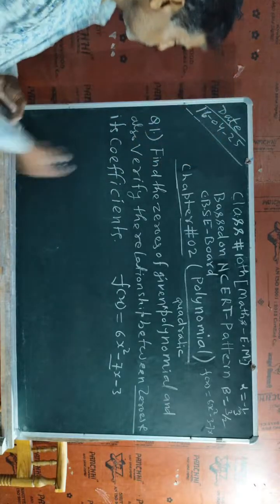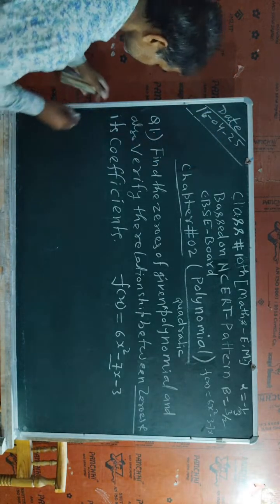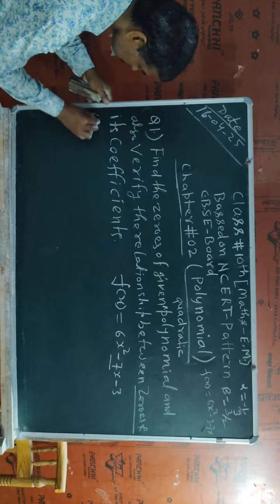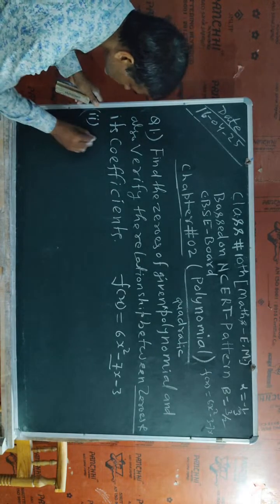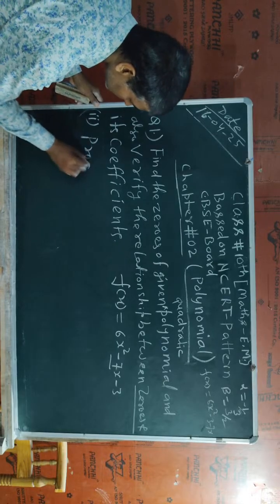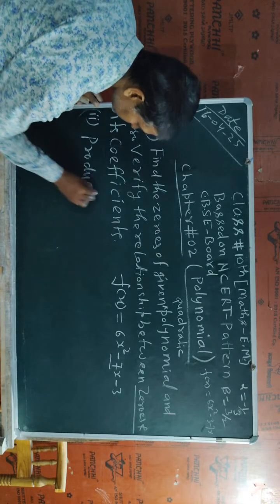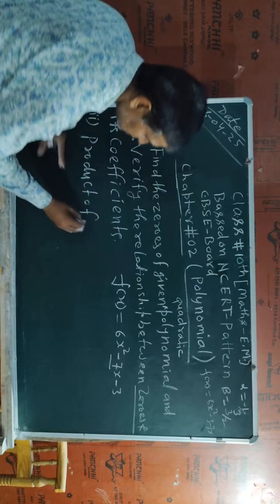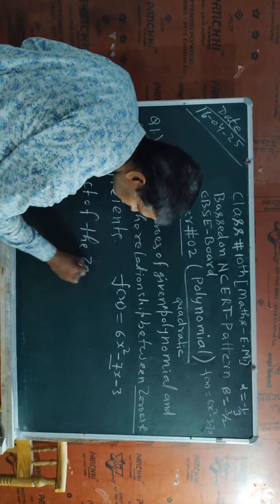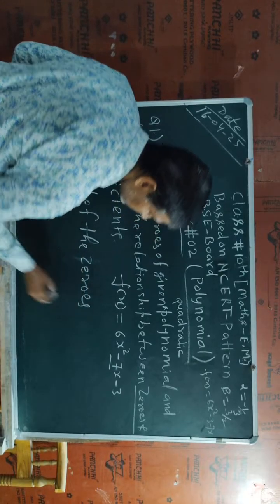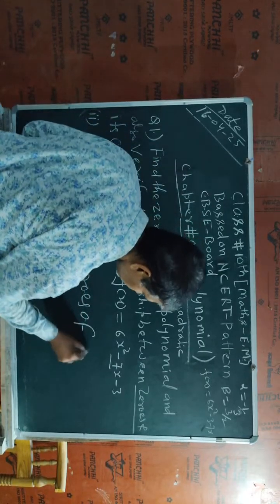Okay students, so now I am going to explain the second case. Now I will write here product of the zeros of the given polynomial.